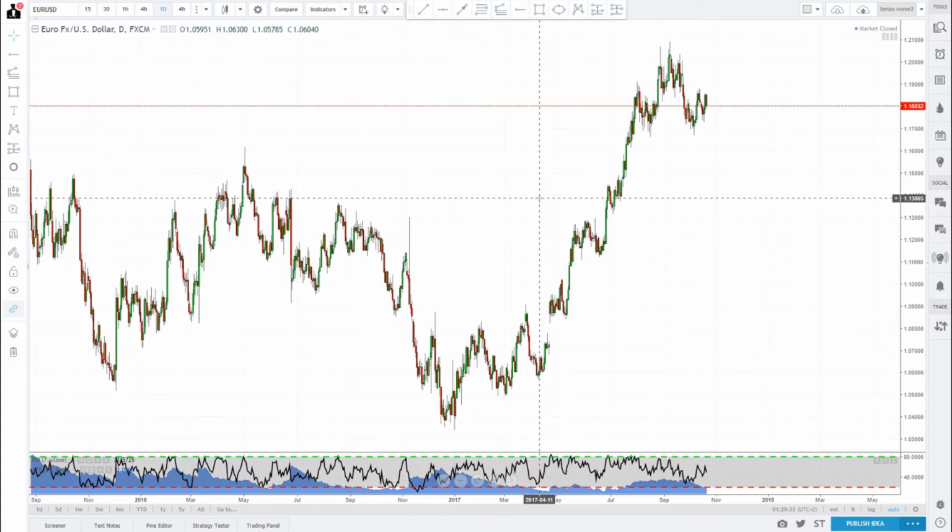So price is constrained by these two levels, and this is the reason I am going to pay attention to trade opportunities that form only at these price zones.